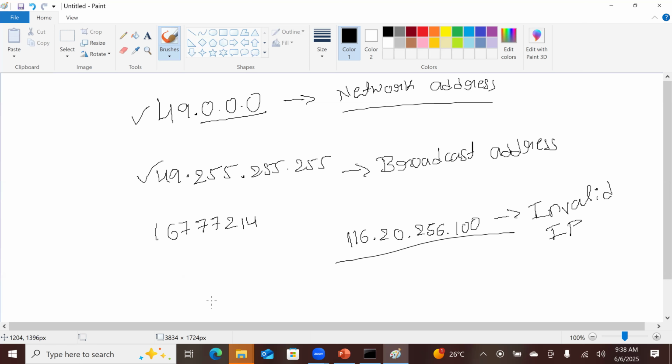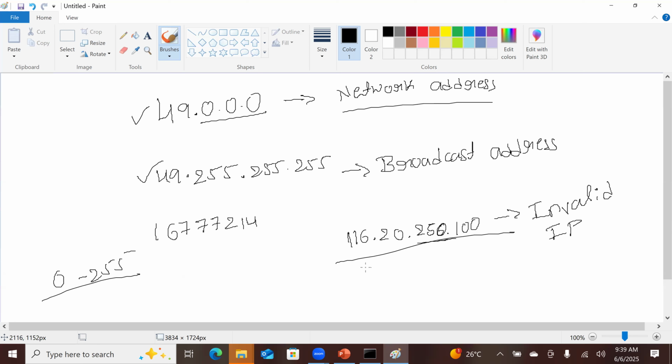No. The maximum number we can get is 0 to 255. Purposely I have given it as 256 just to notice. It is an invalid IP address. If I make it 250, you can take it. Now it is a valid one.